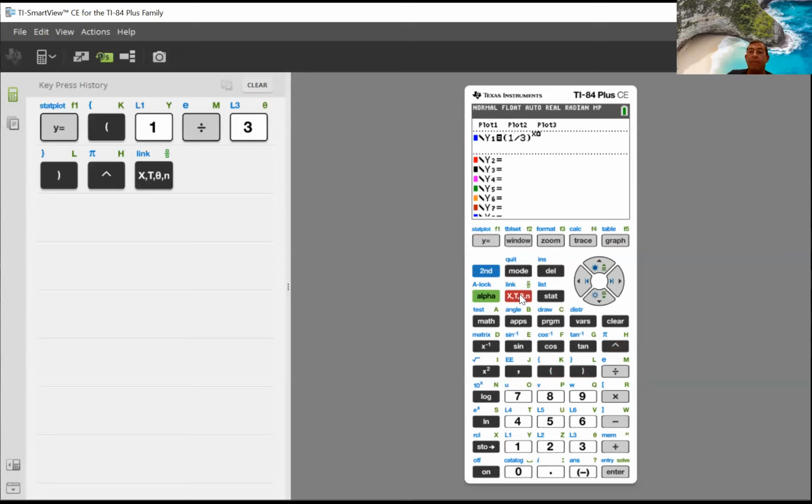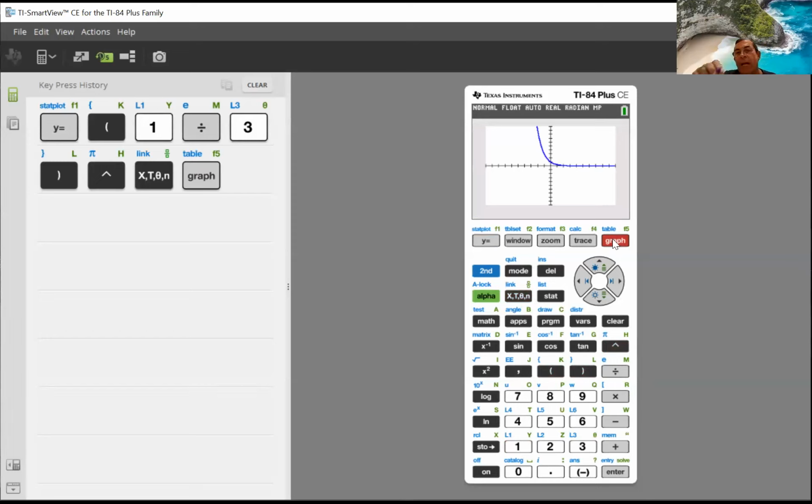y equals, okay? So y'all, let's graph this. So notice it goes downhill left to right, and it does not cross the x-axis. And it's crossing that y-axis at 1. So we would pick one of the 4 pictures.